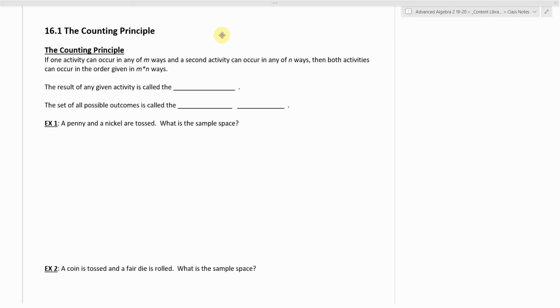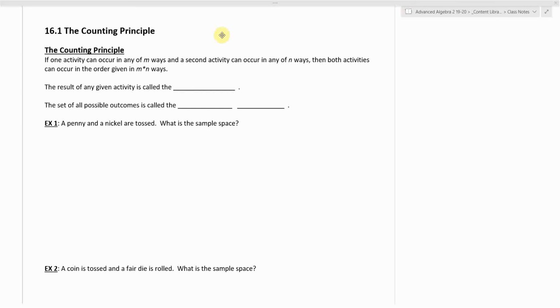The counting principle says that if one activity can occur in any of m ways and the second activity can occur in any of n ways, then both activities can occur in the order given in m times n ways. So m and n are specific numbers, like 6 and 4. If the first thing could happen in 6 different ways and the second thing in 4 different ways, then the number of different ways they could both happen is 24.